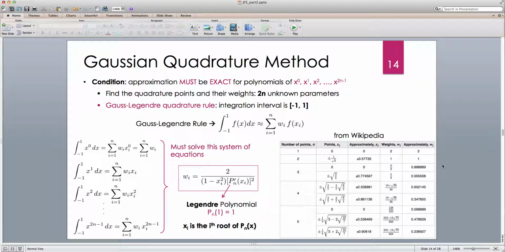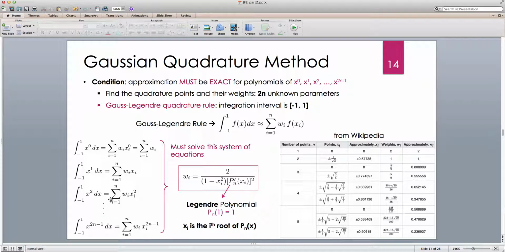But if we have 2 points, x1 and x2, for example, then we have to use polynomials 1, x, x squared, and x cubed. We write the 4 equations, x0, x1, x2, and x3.